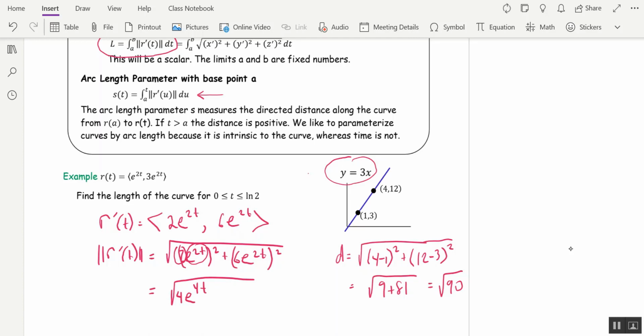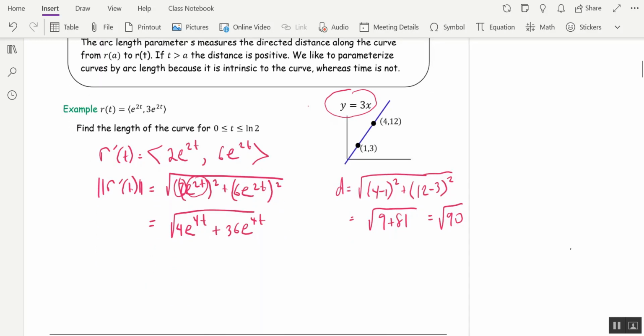E to the 2t squared, you multiply the exponents, that's 4t. So that's plus 36e to the 4t. So we get the square root of 40e to the 4t. And now we can take the square root of 40, which is 2 root 10. And we can take the square root of e to the 4t, which is e to the 2t. So that's the expression we need to integrate.